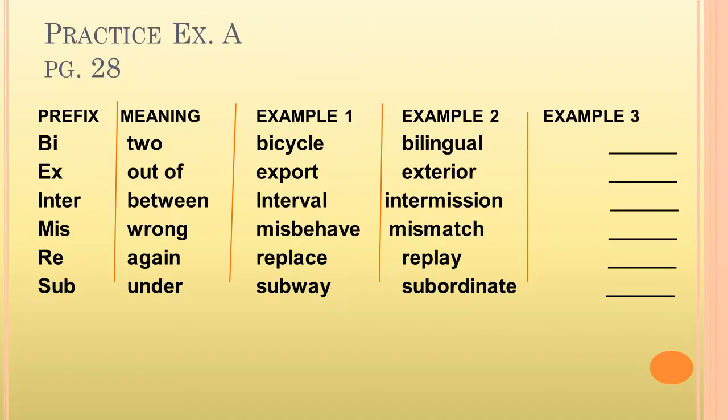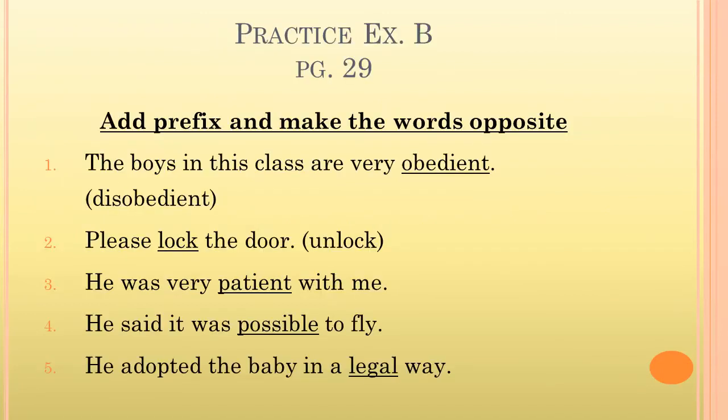Practice exercise B, page number 29. You are given some sentences. We have to add a prefix to one word in each sentence to make the word opposite. So first we have to find the word to which we can add a prefix to make it opposite. The boys in this class are very obedient.